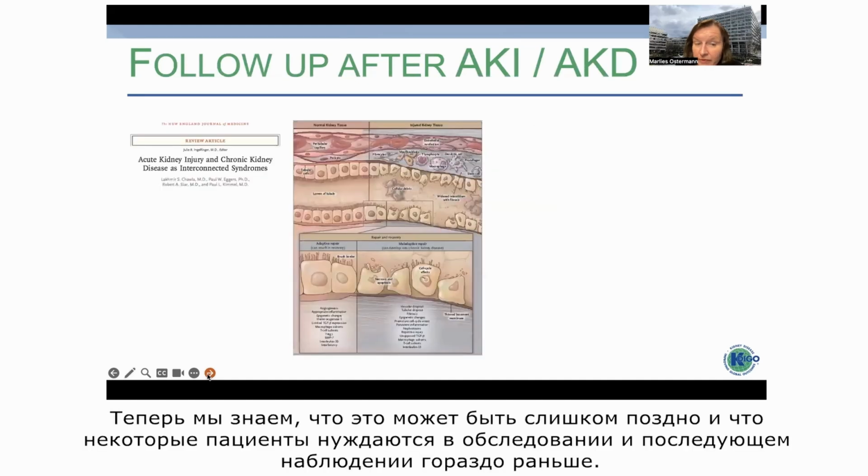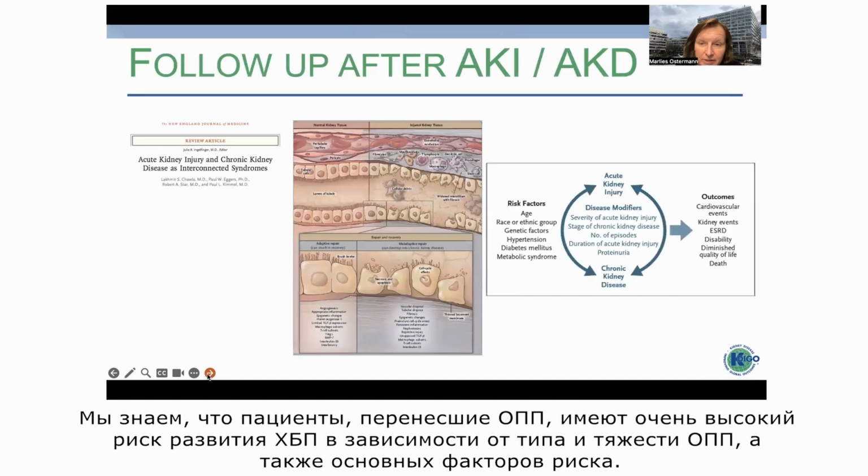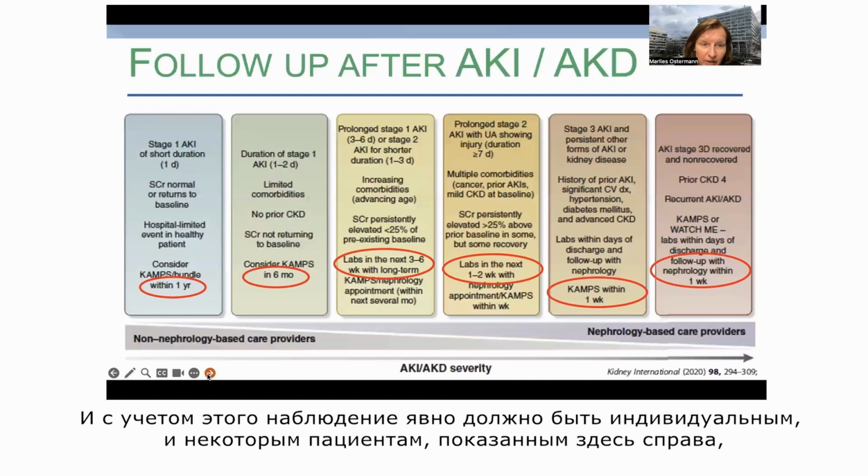Clearly, we now know that this may be too late, and that some patients need evaluations and follow-up much earlier. We know that patients with acute kidney injury have a very high risk of chronic kidney disease, depending on the type and severity of acute kidney injury, but also underlying risk factors. With that in mind, follow-up clearly needs to be individualized and personalized.